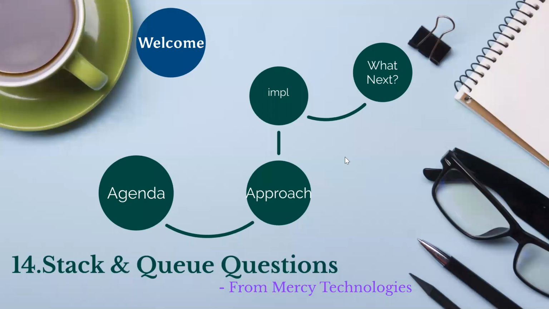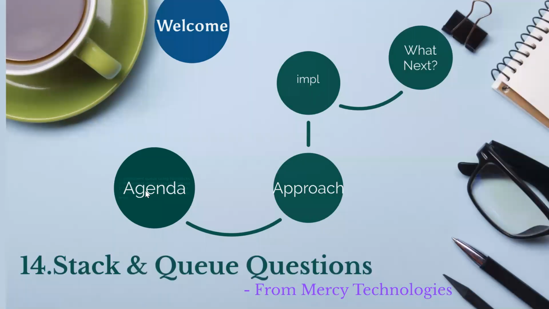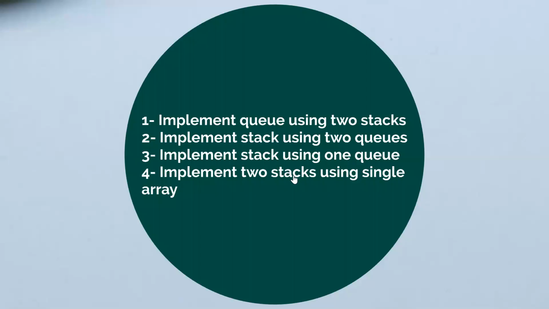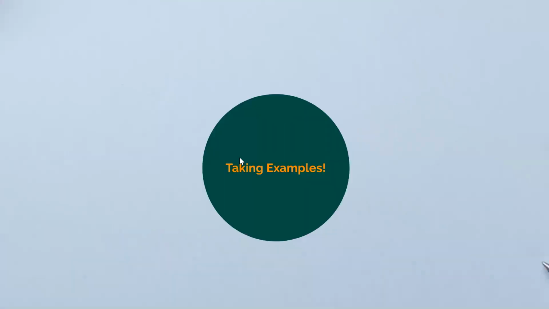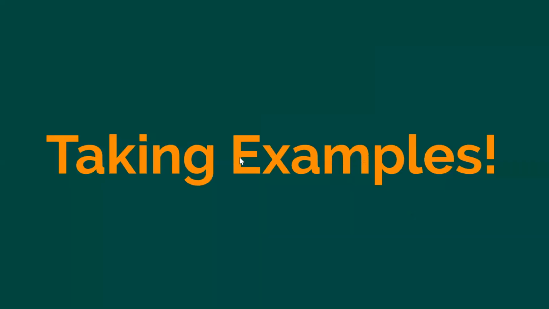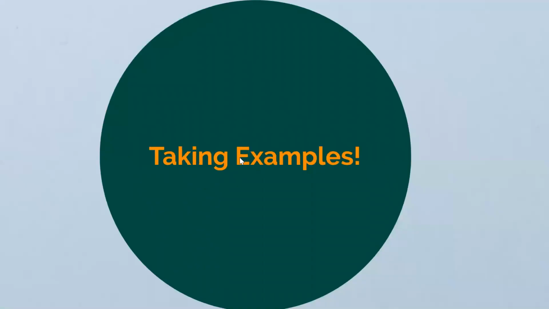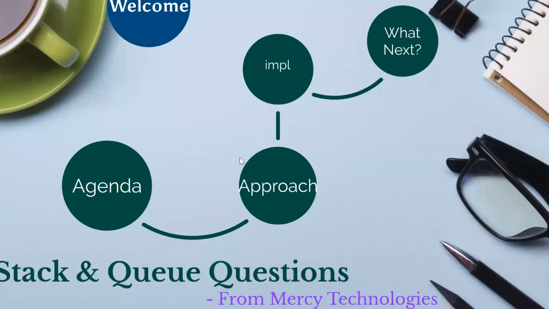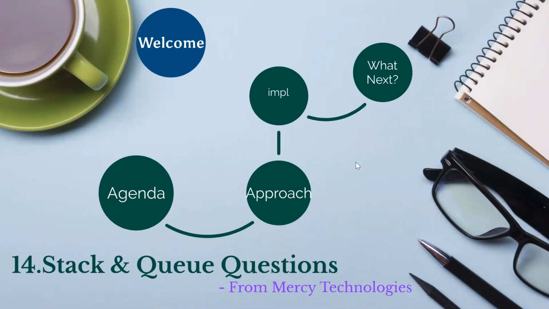Now our actual intention is to find out how we code this kind of question. So what is our approach? Our approach is a simple one, which is taking examples. We'll take simple examples and achieve what we need using this approach.